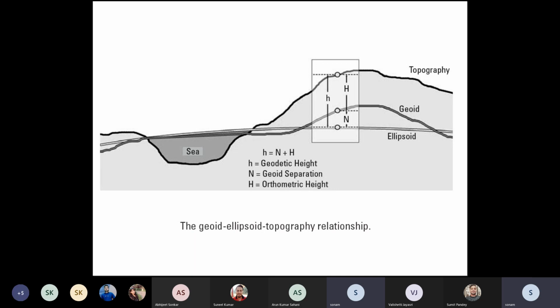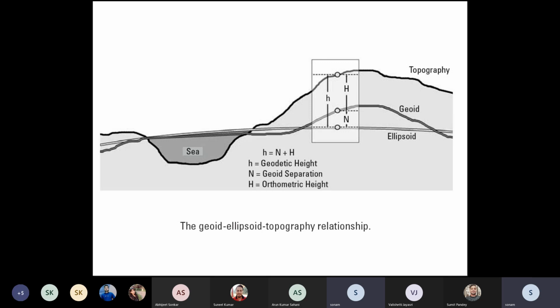Sometimes we are measuring orthometric height from the geoid and sometimes from the sea level. Yes, because the geoid coincides with the mean sea level. Since the geoid coincides with the mean sea level, whether you measure from the mean sea level or from the geoid, it is known as the orthometric height at most of the places, not all, because at a few places there is a difference between the geoid and the mean sea level.